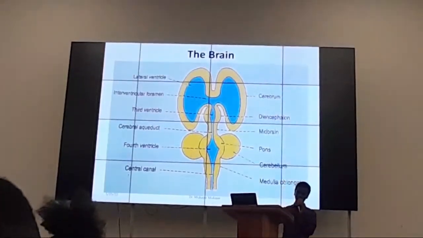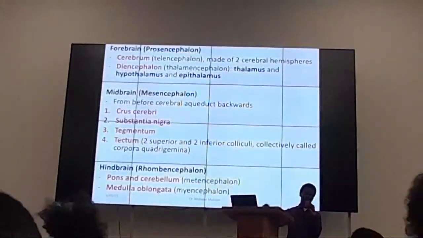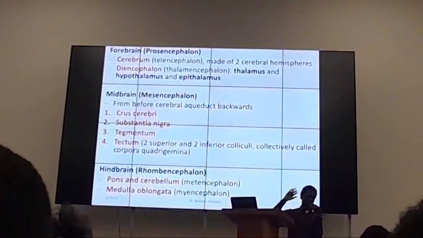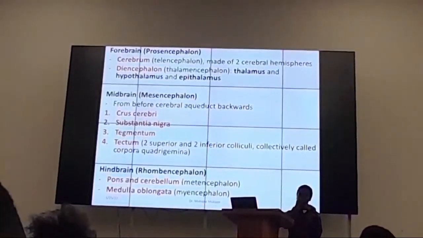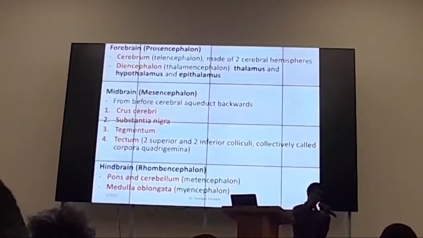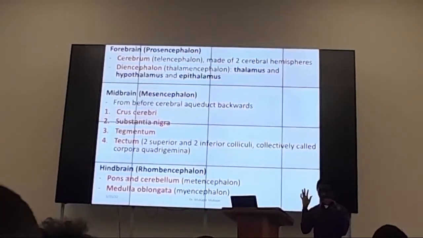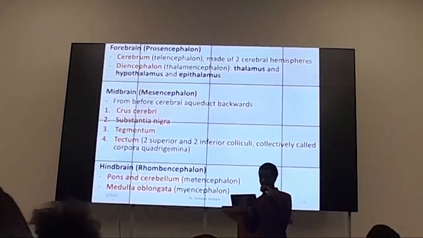Now the brainstem is very important because that's where most of the cranial nerves come from. And if one has a brainstem death, then that means that individual or patient is dead.